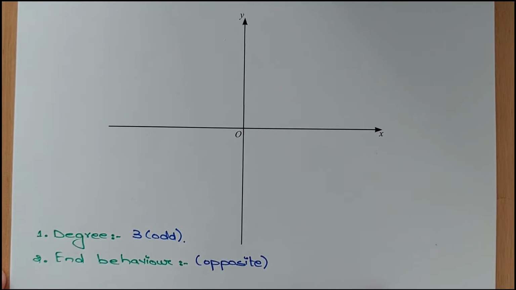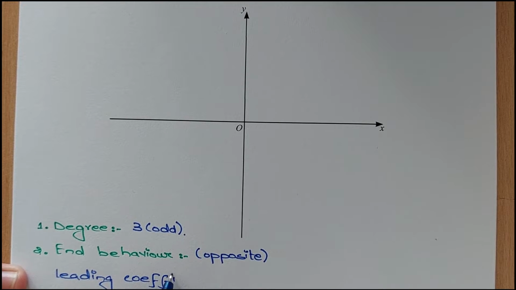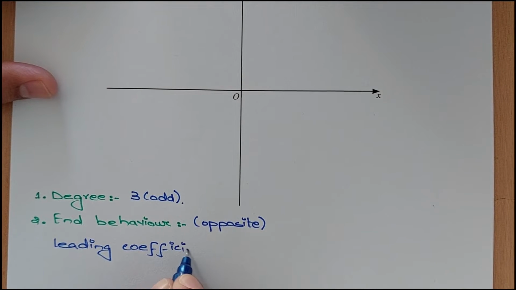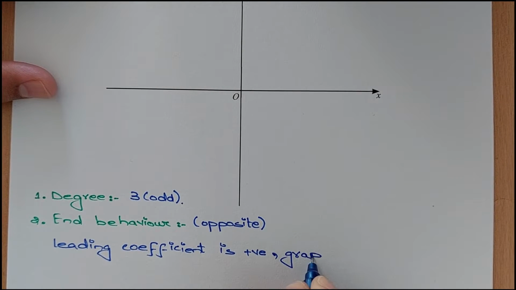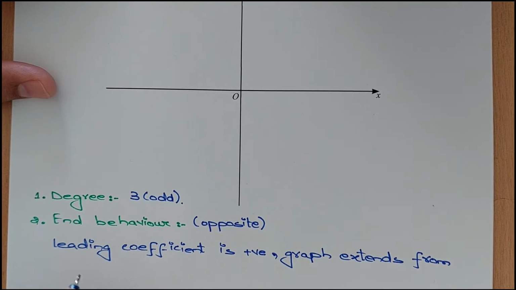So this is positive. So when the leading coefficient is positive, we can say that the graph extends from first to third quadrant.